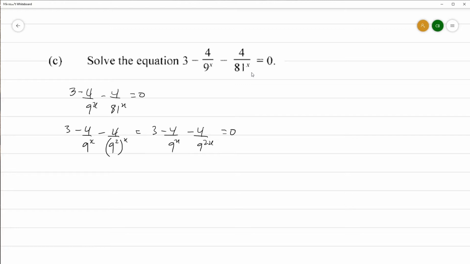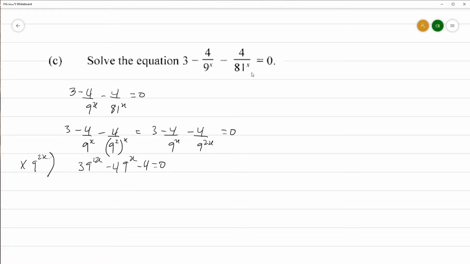One way of doing this is to multiply each term by 9 to the 2x. So we multiply each term by 9 to the 2x. So this is 3, 9 to the 2x minus 4, 9 to the x, because 9 to the x multiplied by 9 to the 2x, 9 to the x will cancel with 1, so you're left with 9 to the x, and then you have minus 4 is equal to 0.